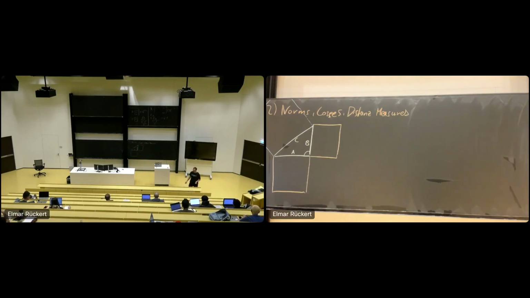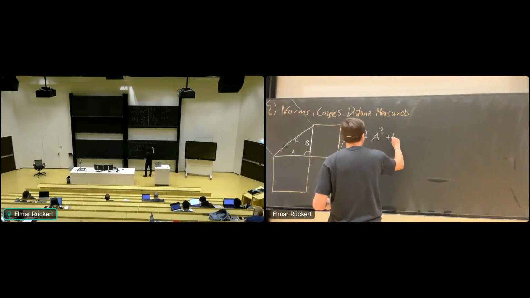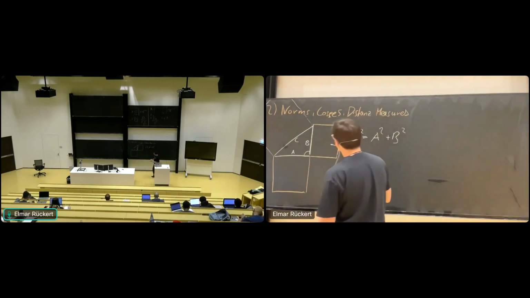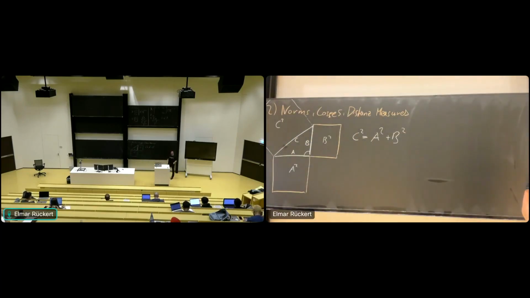So you all know that from the rule of Pythagoras, c squared is equal to a squared plus b squared. So this area here defines an equation.